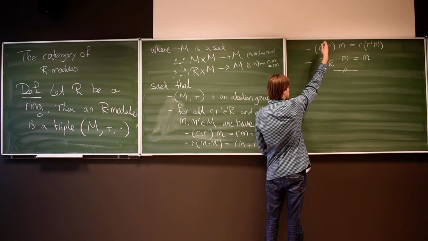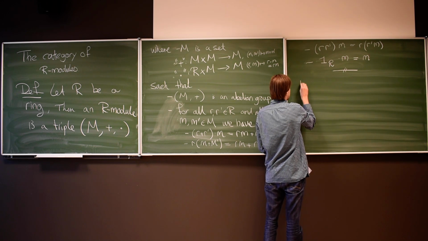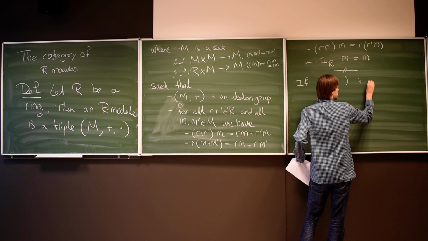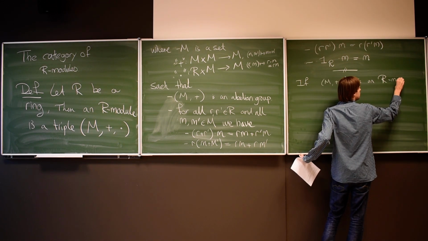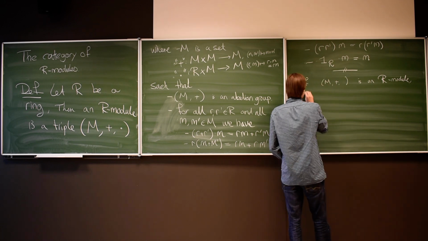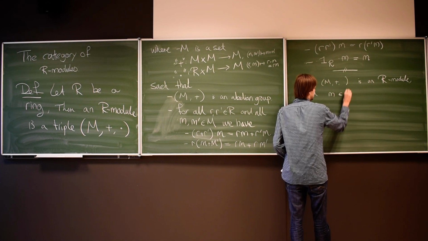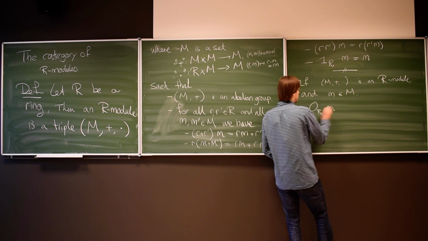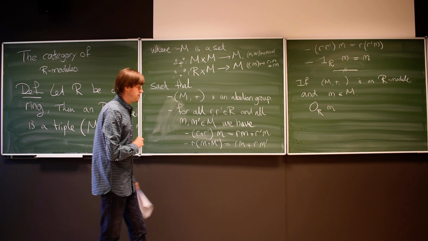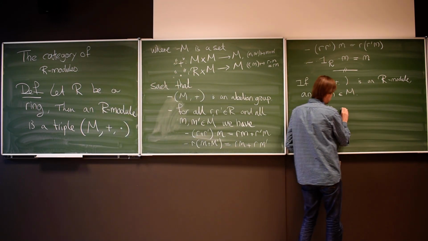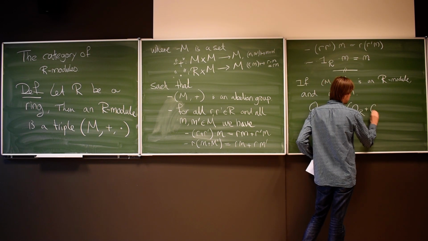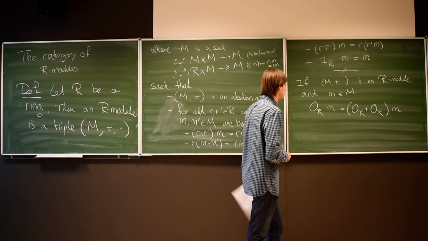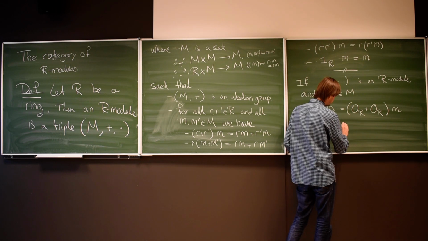Once you know these axioms, if M plus and dot is an R module, and if I take some element in M and multiply this element with the zero element of my ring, then you know that 0 is equal to 0 plus 0. So this is the same like this.